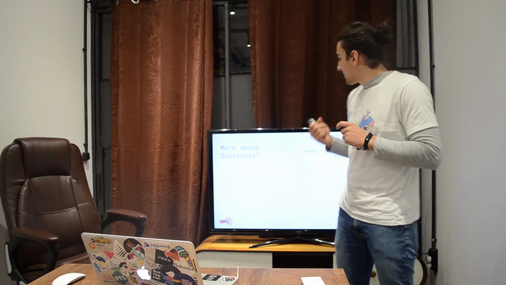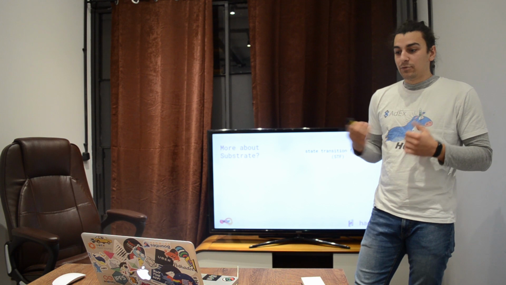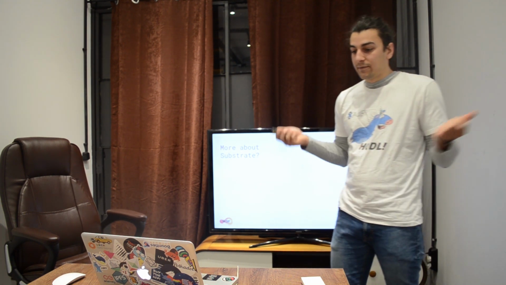And Substrate is basically designed to be general, to support a vast majority of present and future blockchain designs. So it is meant to be easier for a blockchain architect to start developing and not worry about all the other stuff besides the business logic.